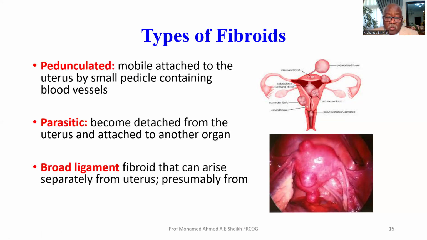Broad ligament fibroid can arise separately from the uterus, presumably from the embryonal remnants. So this is the classification of the fibroid: submucous, intramural, subserous, pedunculated, parasitic, broad ligament fibroids. Obviously, you can get pedunculated fibroid within the uterine cavity and outside the cavity.